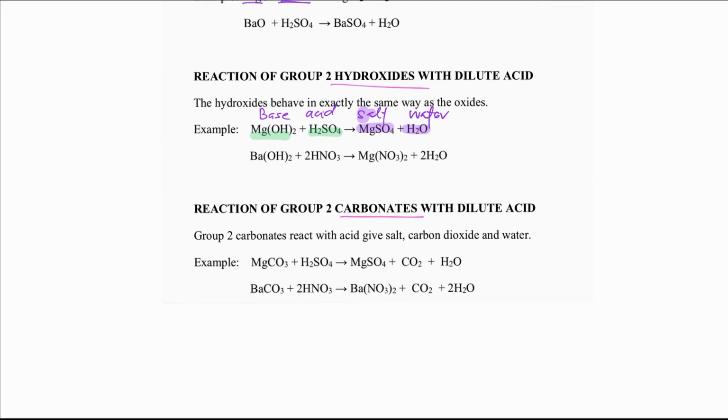When group 2 carbonates react with acid, they produce salt, carbon dioxide gas and water. Carbon dioxide gas will give us effervescence, and carbon dioxide produced will turn lime water cloudy.